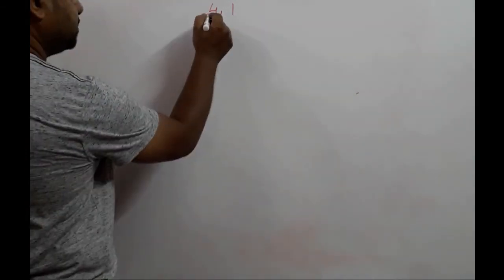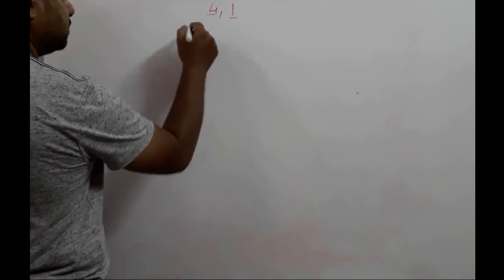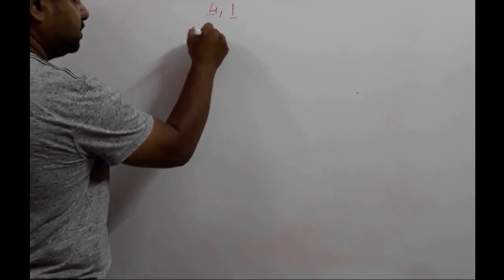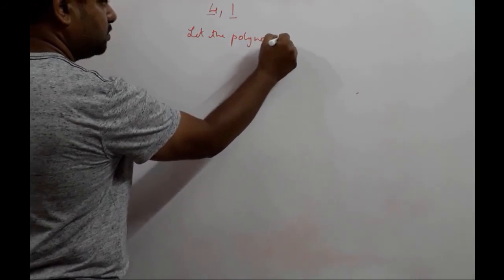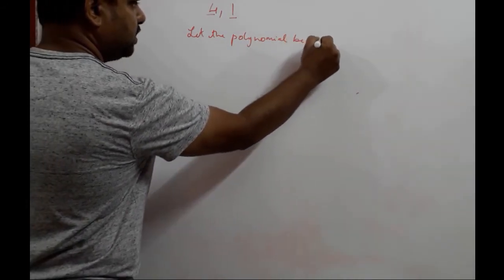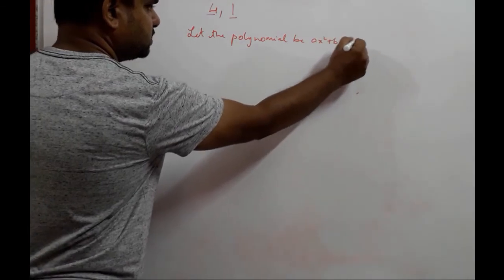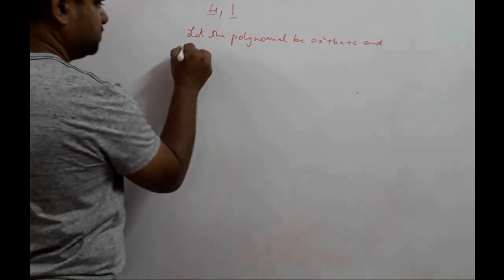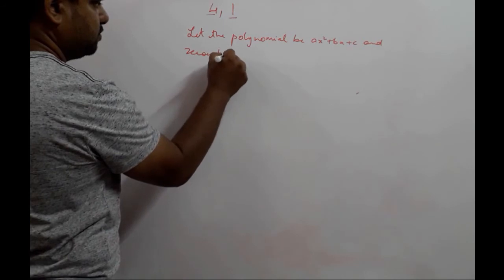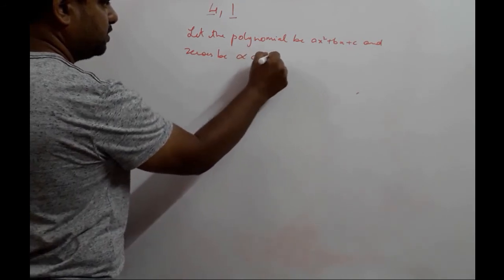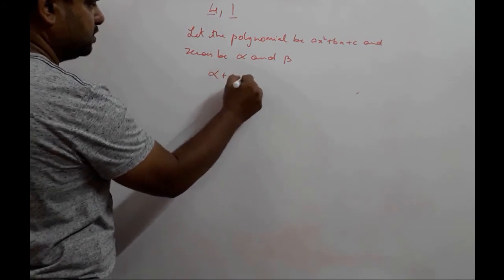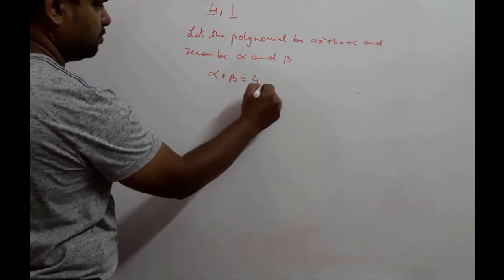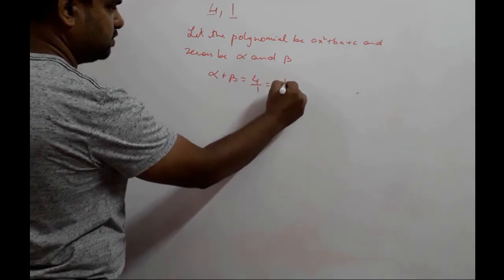Our next problem is 4 comma 1. That means the sum is 4 and the product is 1. So once again let's assume, let the polynomial be ax square plus bx plus c and zeros be alpha and beta. Alpha plus beta is given as 4, which you can take as 4 upon 1, equal to minus b upon a.